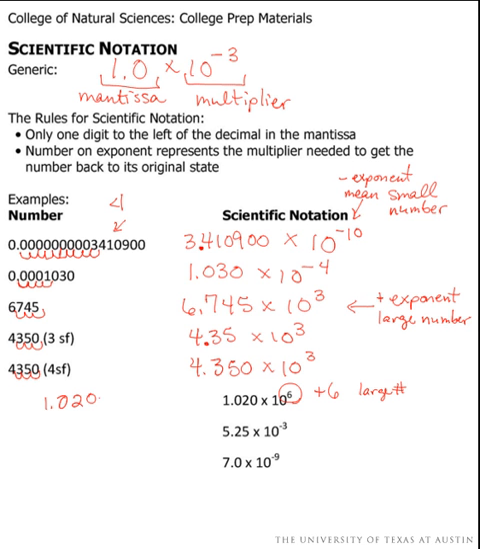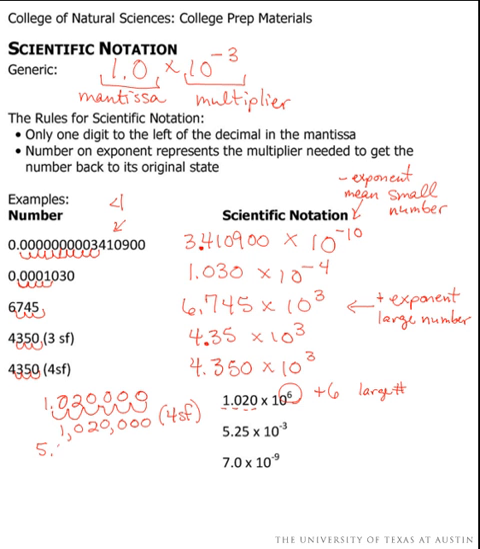1.020 times 10 to the 6, I'll move it to the right, 1, 2, 3, 4, 5, 6. So that is 1,020,000 is the value. And I'll keep in mind that it has 4 significant figures, because that's how many sig figs it had in the mantissa.